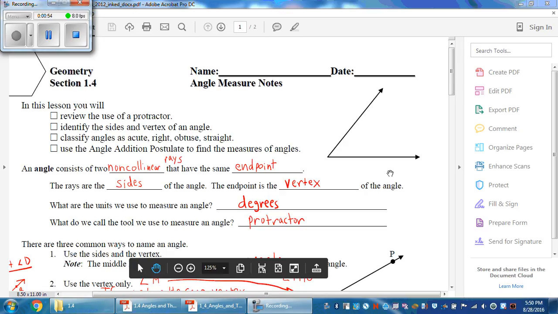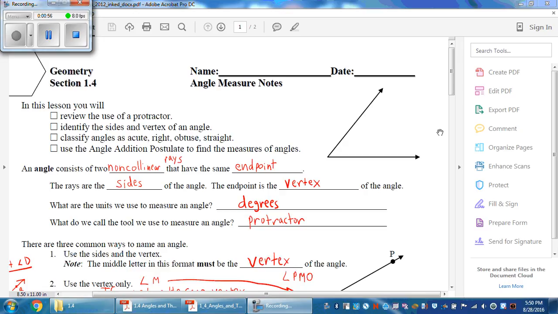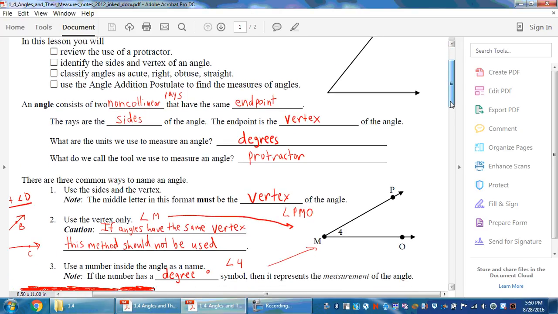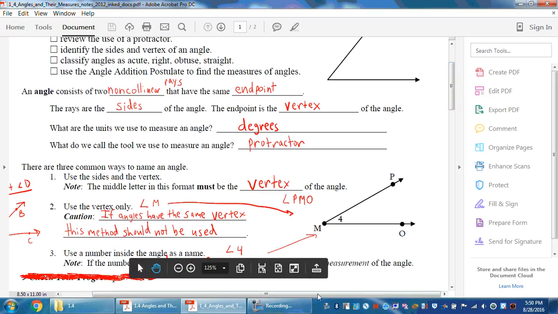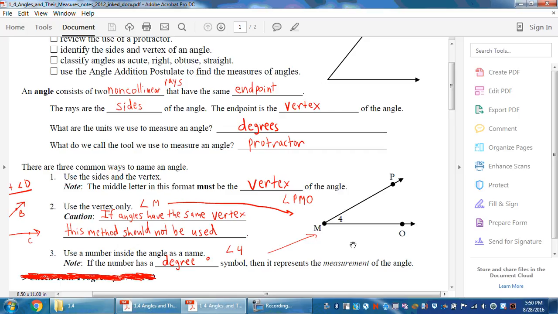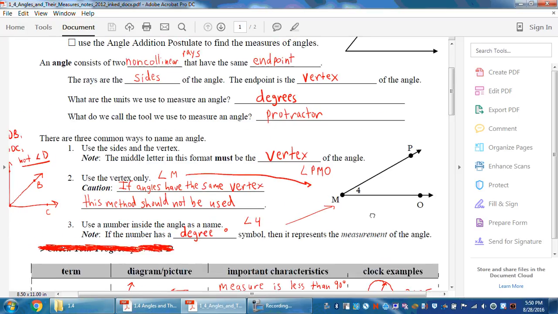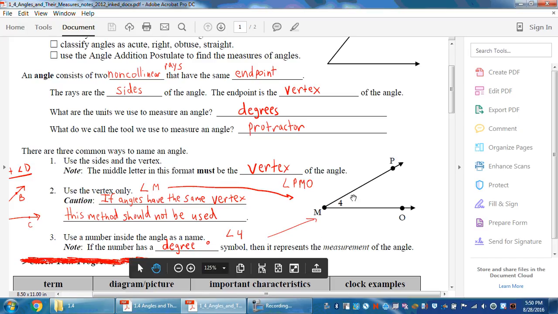So you're all familiar with angles. How are we going to name specific angles in geometry? Well, there's three ways. For example, using this angle here, we can always name an angle using 3 points. You just have to make sure that the middle letter that you use to name it is the vertex. So I could call this angle PMO, or I could call it angle OMP.